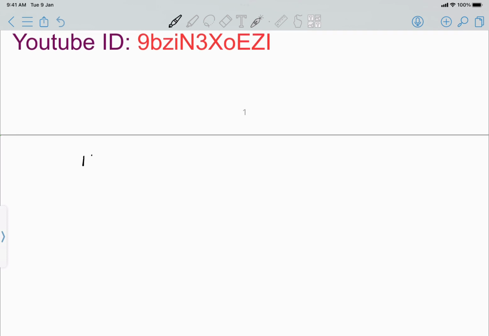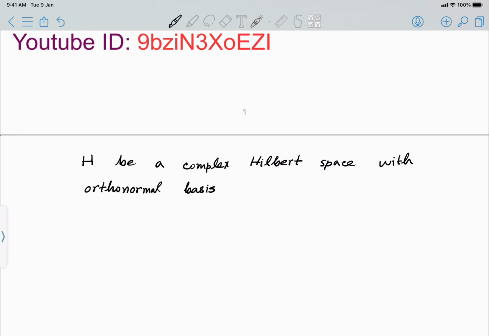H is a complex Hilbert space with orthonormal basis En. So these are the orthonormal basis for the Hilbert space.